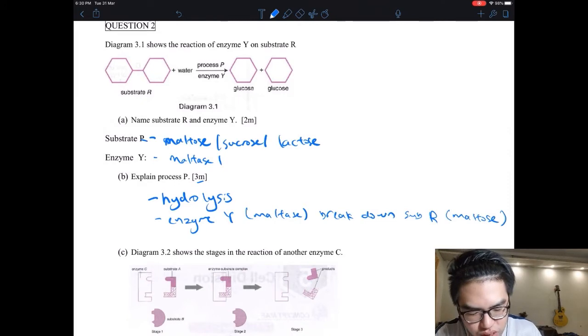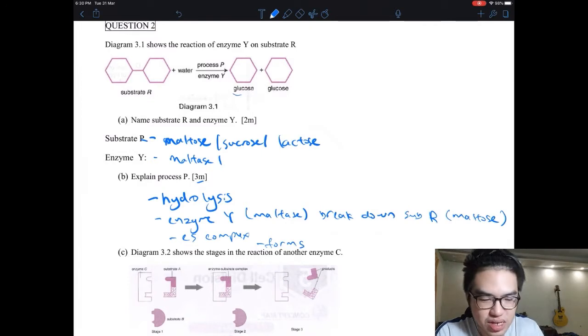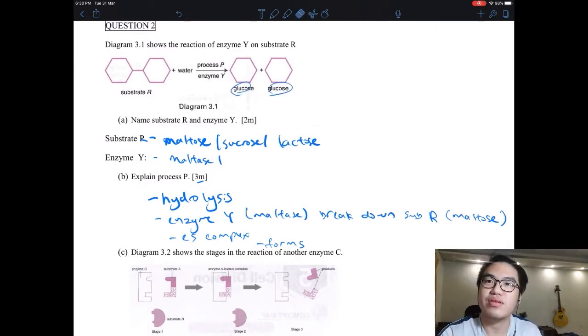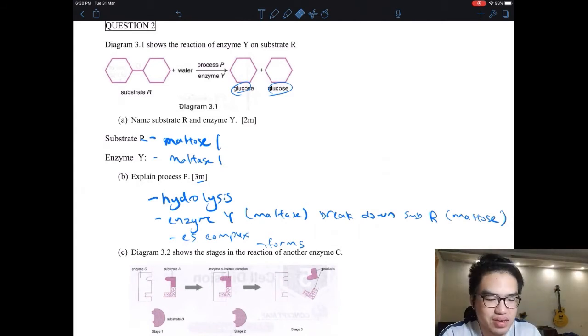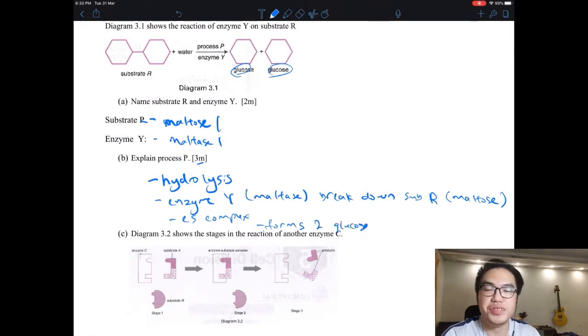If you want to say the enzyme substrate complex, no problem. And then it forms 2 glucose. Oh, I didn't read the question there, my mistake, so it should only be maltose. It forms 2 glucose. So 3 marks, very easy to get.